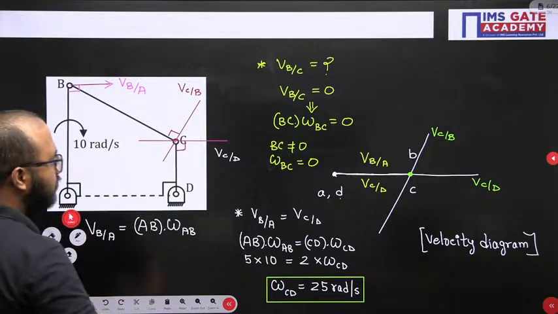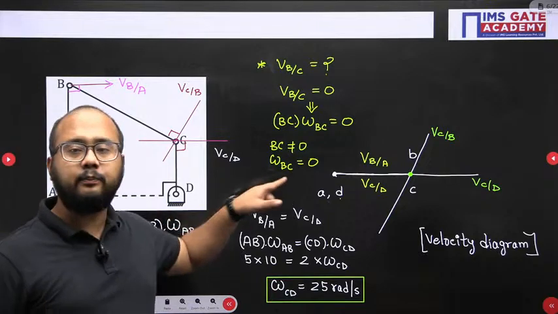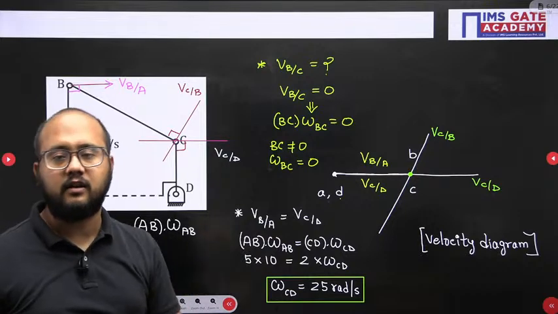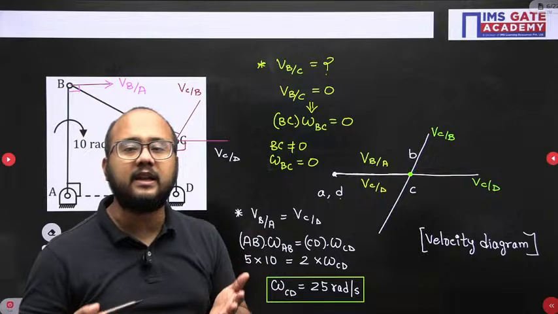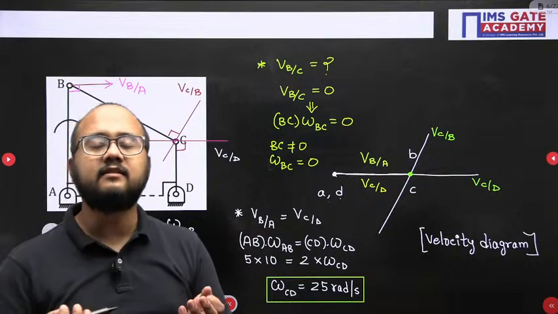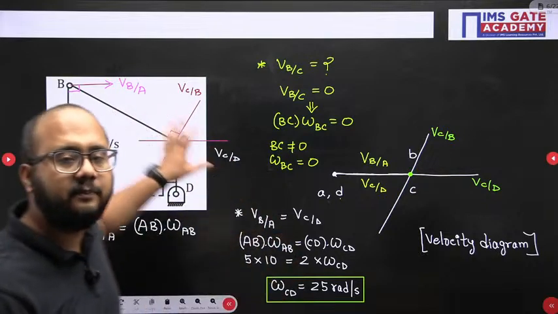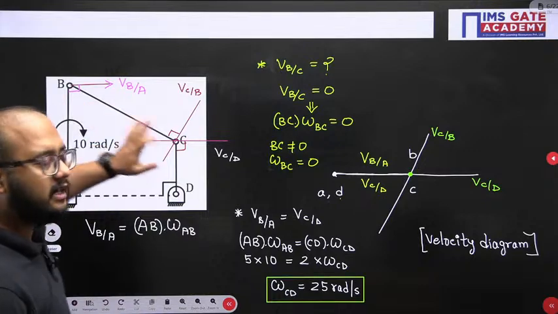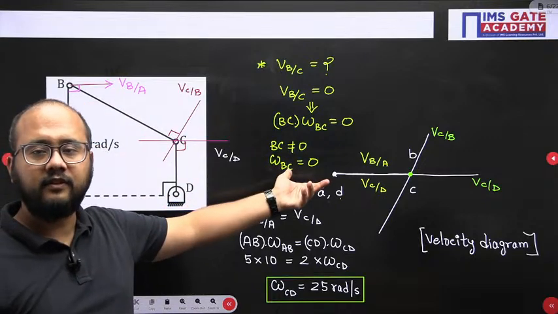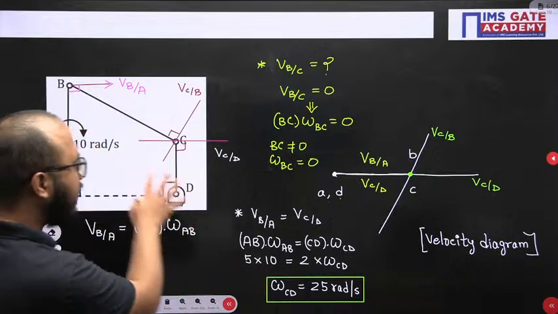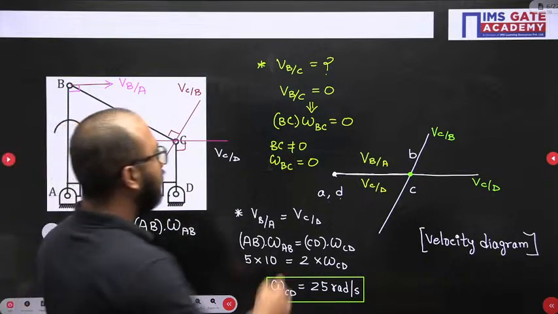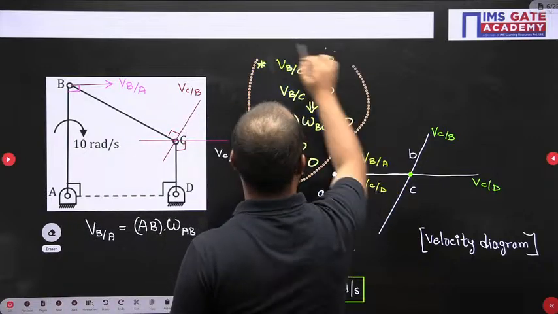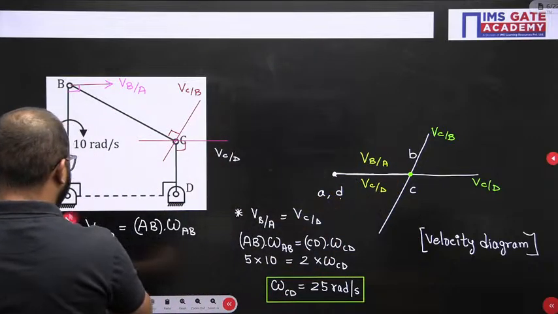Conclusion is link BC has 0 angular velocity. When it has 0 angular velocity, it simply means translation is occurring at that particular moment. It is not always 0. Omega is 0 for this particular instant of time. Right, so I hope everyone will be able to remember this information.